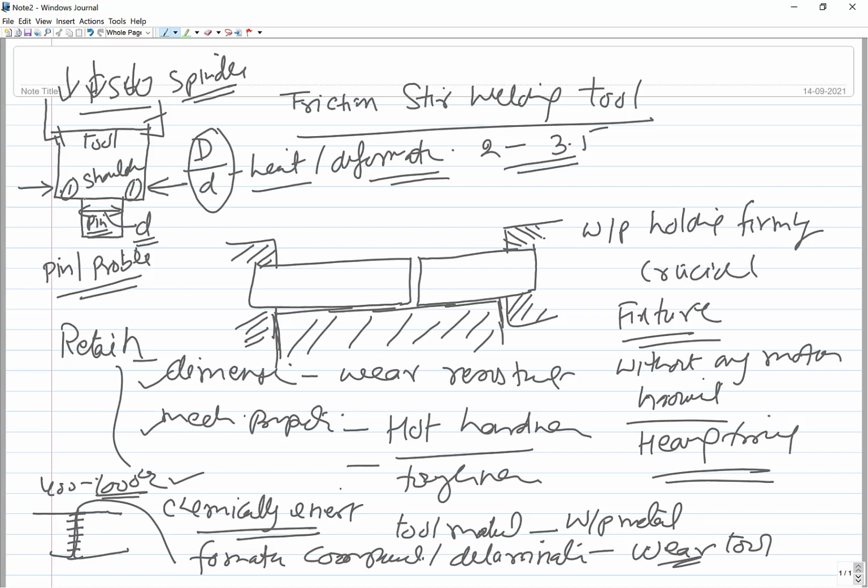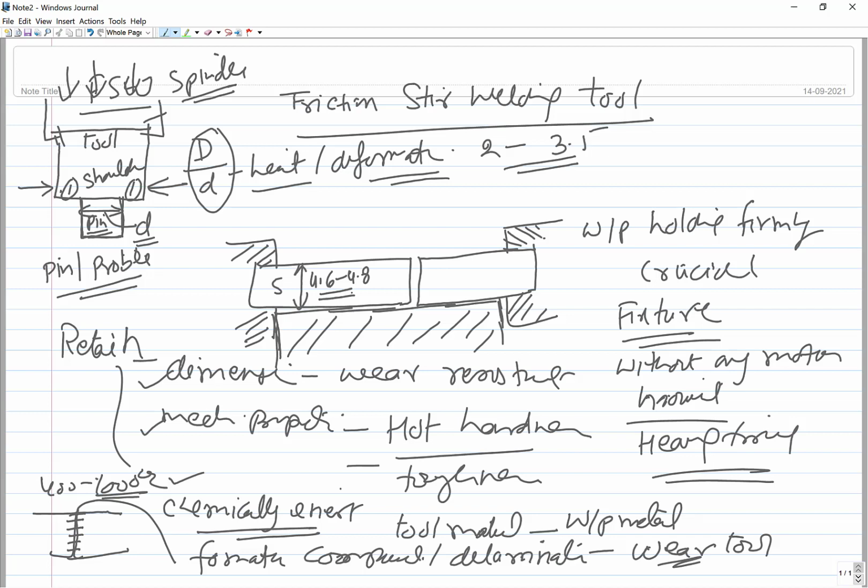The second aspect is the tool pin length. Tool pin length is kept around 0.2 to 0.5 mm less than the thickness of the sheet which is to be welded. Let's say the thickness of the sheet to be joined is 5 mm. Then the tool pin length will be kept around 4.6 to 4.8 mm.